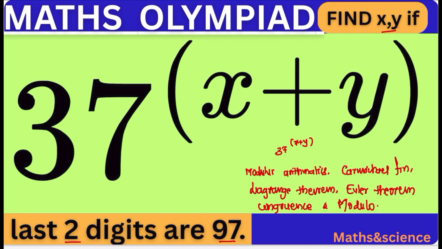The problem is: find x and y if 37 to the power of x plus y has last two digits as 9 and 7. This is the problem. Let us try to solve it.